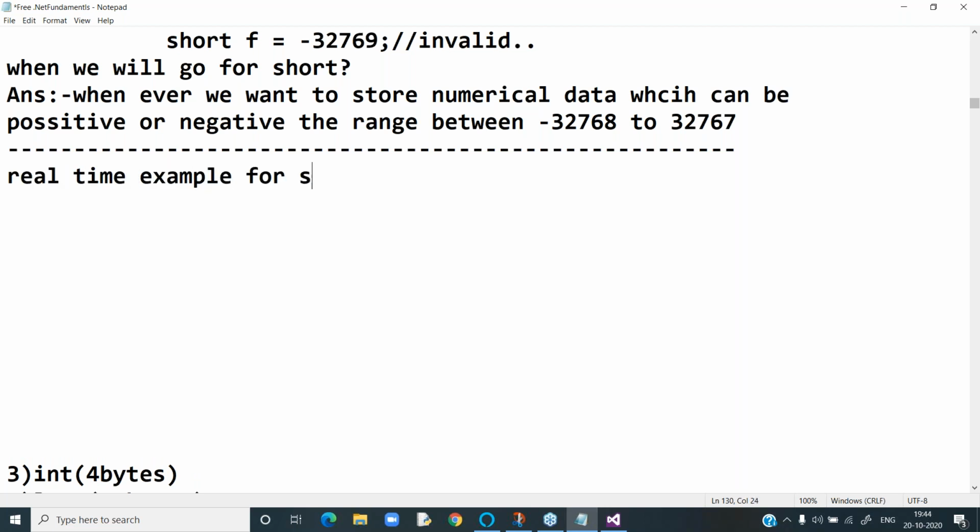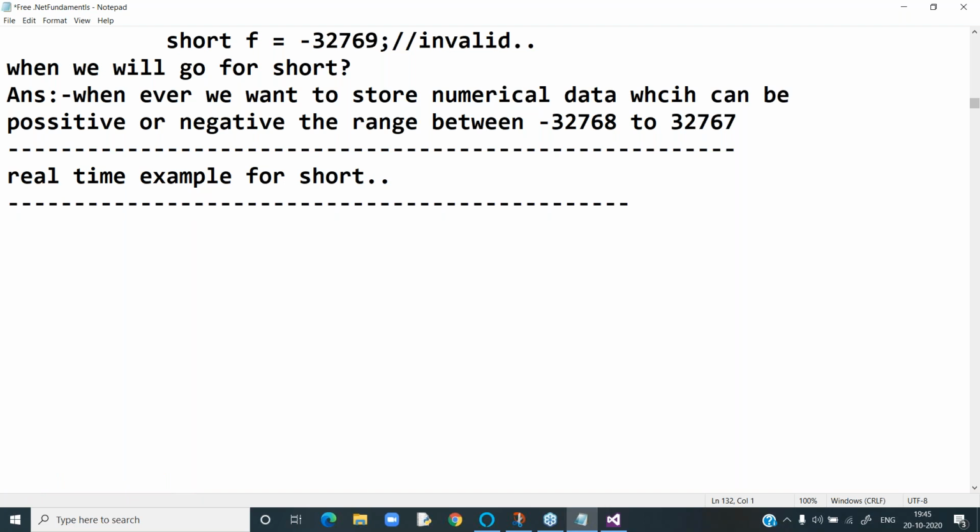Now, real-time examples for short. Can you give me some real-time examples for short? Fast. Sai, are you there? Real-time examples for short.